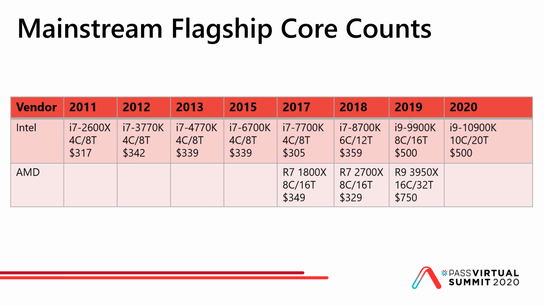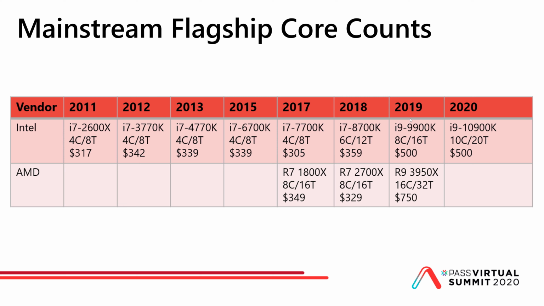So then finally, in 2018, Intel started reacting. They had to. They had the Core i7 8700K with 6 cores and 12 threads. And then they went to 8 cores and 16 threads in 2019. And then finally, in early 2020, they went to 10 cores and 20 threads. And that's the highest core count you can get from Intel.